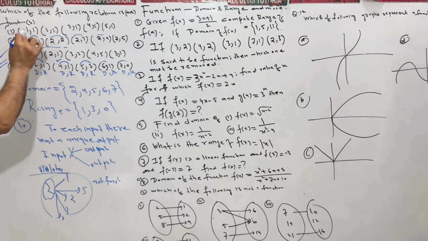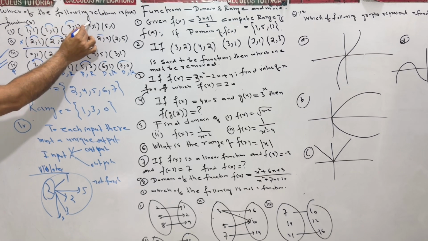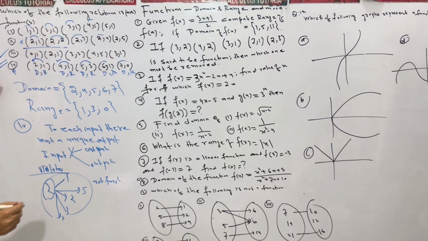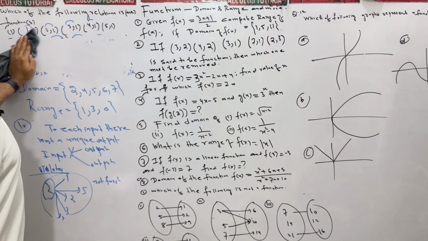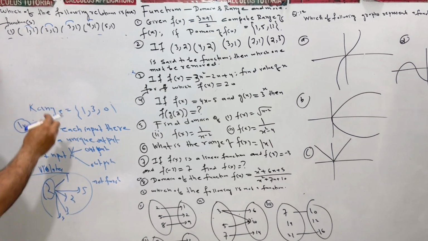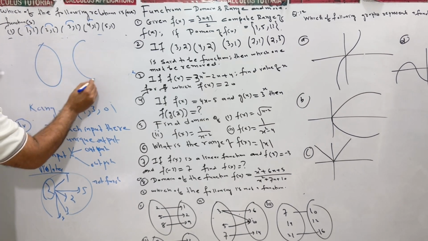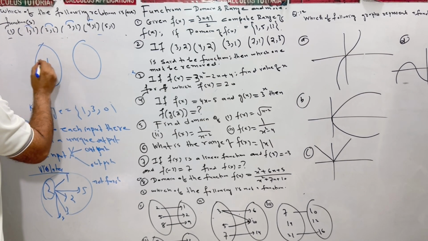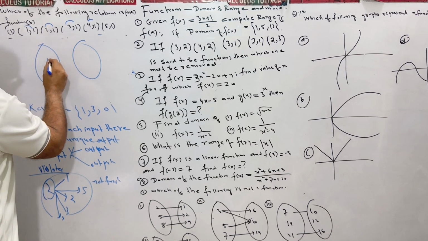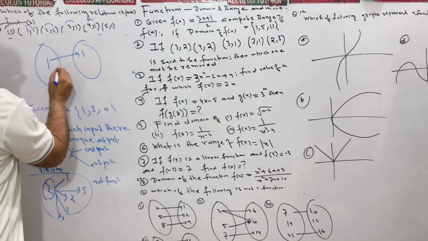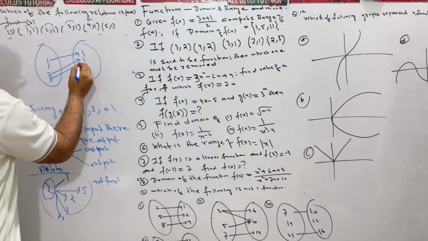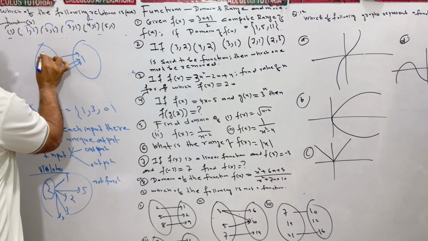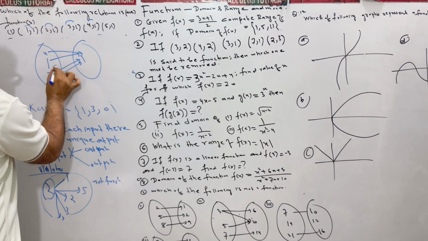What about this? 1 to 1, it's unique. 2 to 1, 3 to 1, 4 to 1, 5 to 1. Yes, it is a function. Let me make some space to give you a good idea. Such a type of function is known as a constant function, because the domain element 1 results in 1, and 2 also goes to 1, 3 also goes to 1, 4 goes to 1, and 5 goes to 1.